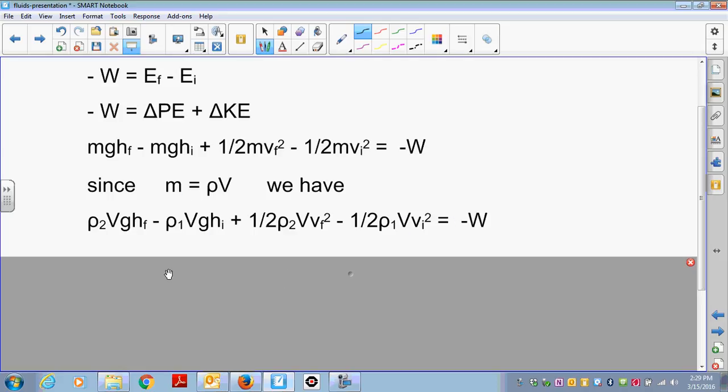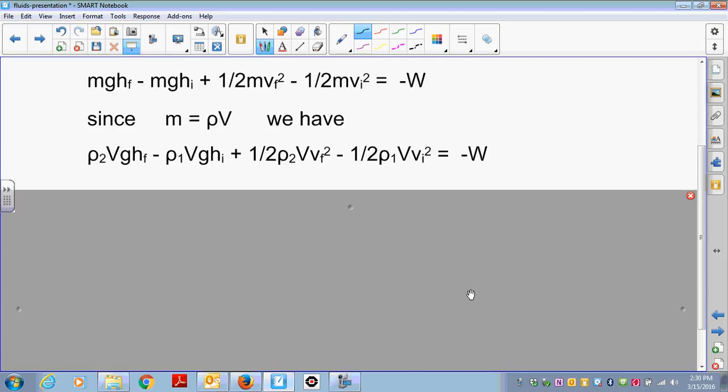The density in this case remains constant, but I did put rho 1s and rho 2s to indicate the location. Again, we're not looking at a compressible fluid. We're assuming that the fluid in these problems is an incompressible fluid and that the density should remain constant.